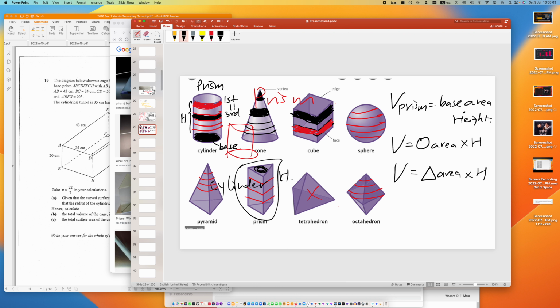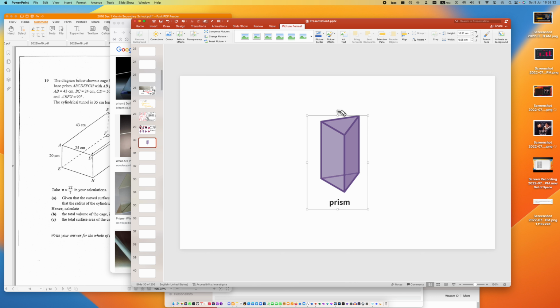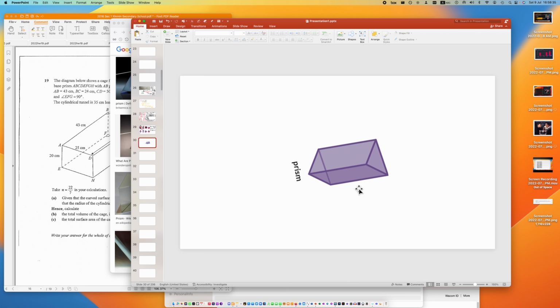Okay, so what I'm trying to say is, when I put my phone like this in real life, they call this the bottom or the base. But when we look at the prism, it doesn't mean when we put this one flat, let's say I put it this way, it doesn't mean this one is the bottom.